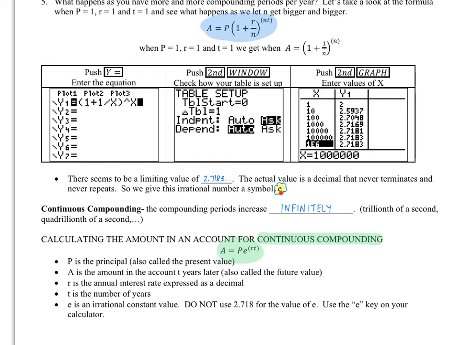Just like pi, we have an E key. So A is equal to P, the principal, times E raised to the rate times time that it's sitting in the account. P is principal, A is future amount, R is your annual interest rate, T is the number of years it's sitting there, E is this irrational number. We use the E key.